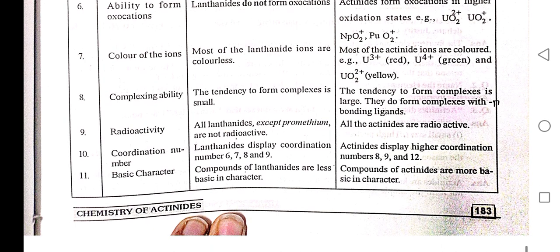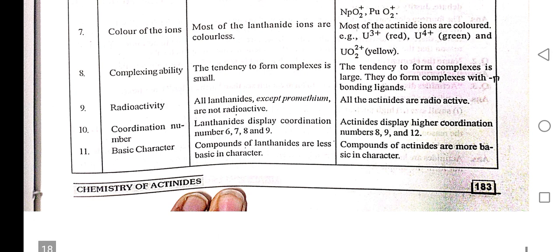The tendency to form complexes is small in lanthanoids and the tendency to form complexes is large in actinoids. Lanthanoids do not form complexes with pi bonding ligands. Radioactivity. All the lanthanides except promethium are not radioactive. All the actinides are radioactive.